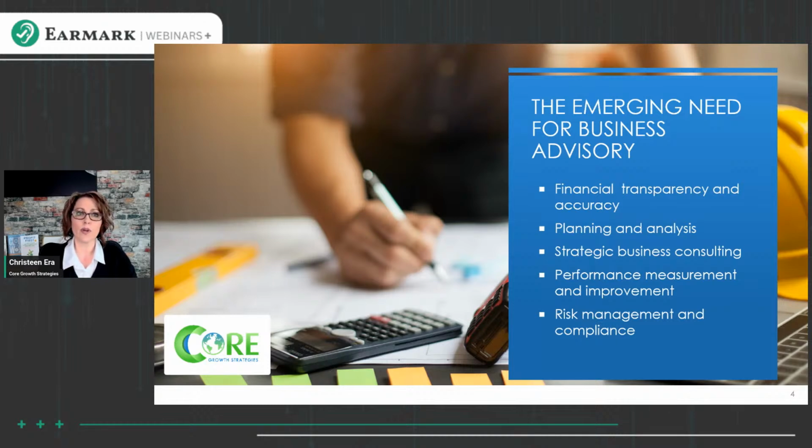And entrepreneurs are looking for conversations to have with the people supporting them around their numbers. These services enable bookkeepers and accountants to add more value to their clients by helping them make informed strategic decisions about one of their biggest potential assets, which is their business.